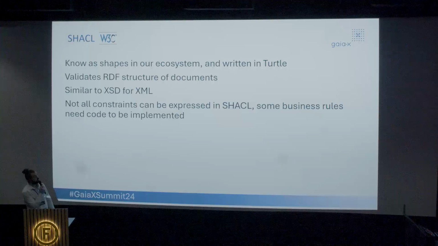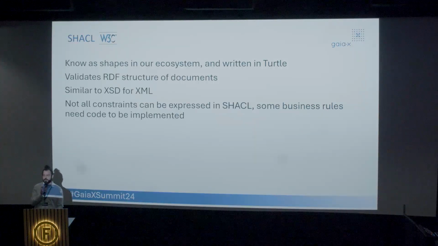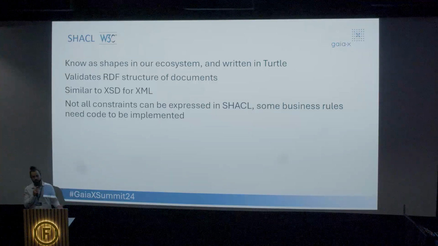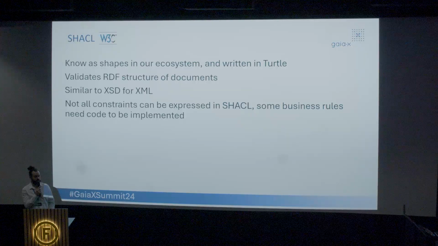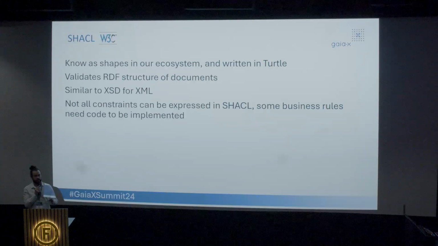We are able to verify the structure and a bit of the content. We can, for example, verify that your legal person contains a company name. It's plain dumb, but at least you don't have a hard-coded if company name different of null in the software. It's fully automated. We rely on the SHACL engine to do it, Apache Jena, which is quite renowned in the semantic community.